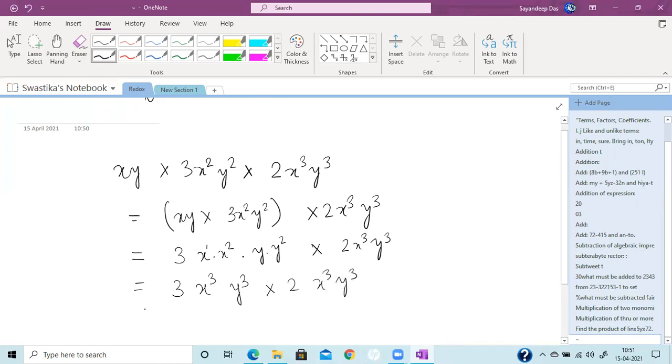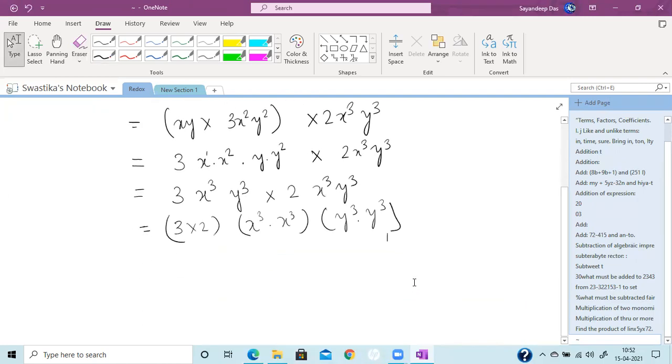Now you multiply these two, again you have got two monomials, so you write 3 into 2, then x cube into x cube, and take this y cube into y cube. What you get now? See here.